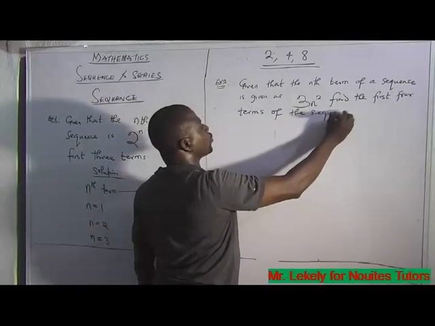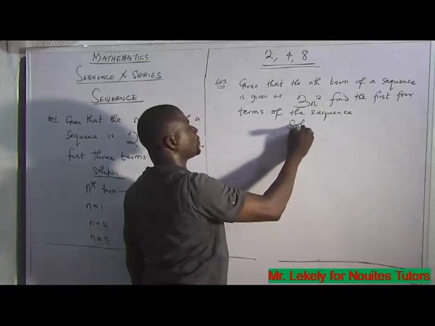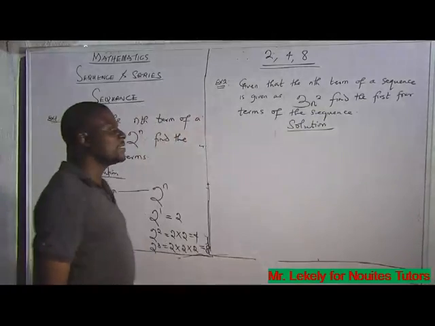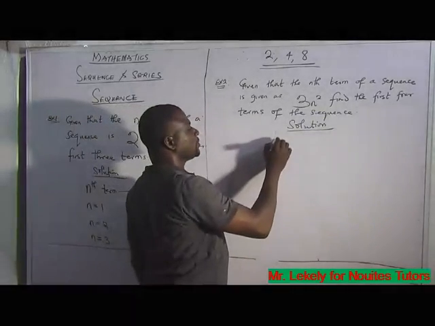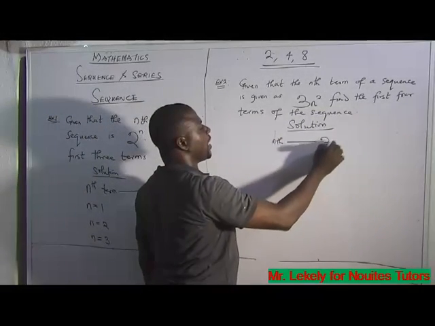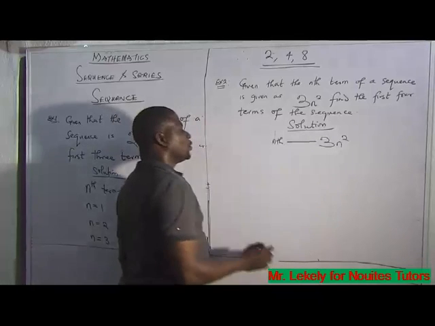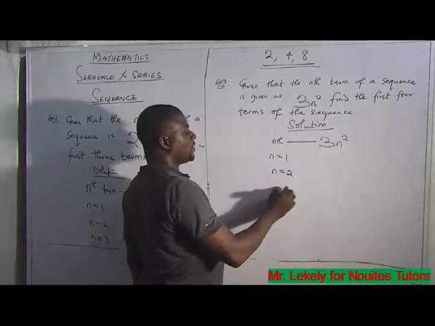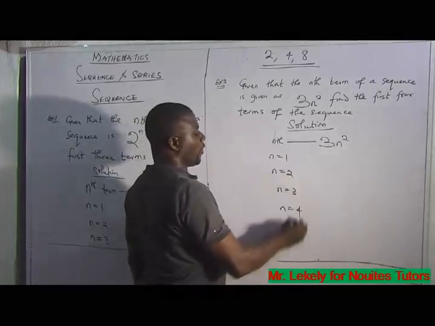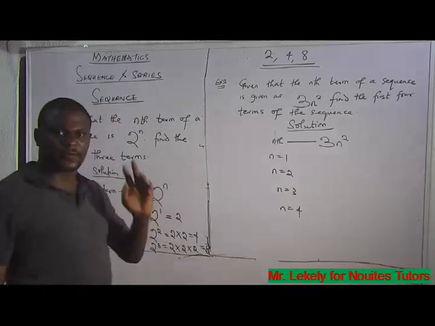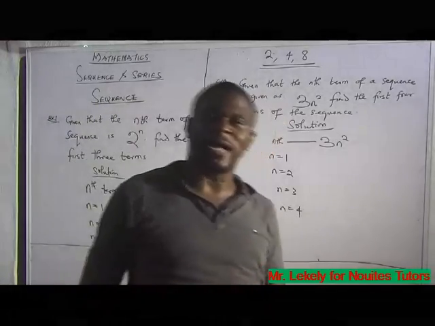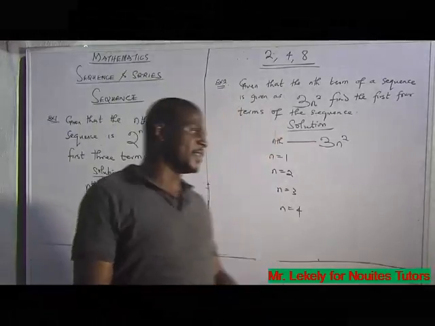Now, of course, to do this, solution. Write out the nth term. The nth term is 3n squared. So when n is 1, when n is 2, when n is 3, when n is 4. Why? Because they say first 4 terms. If they say first 6 terms, n is 1, 2, 3, 4, 5, 6.